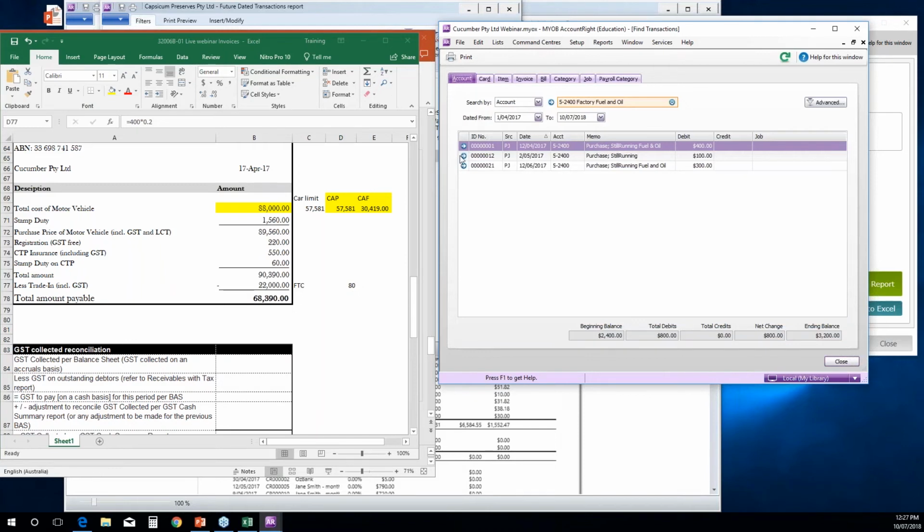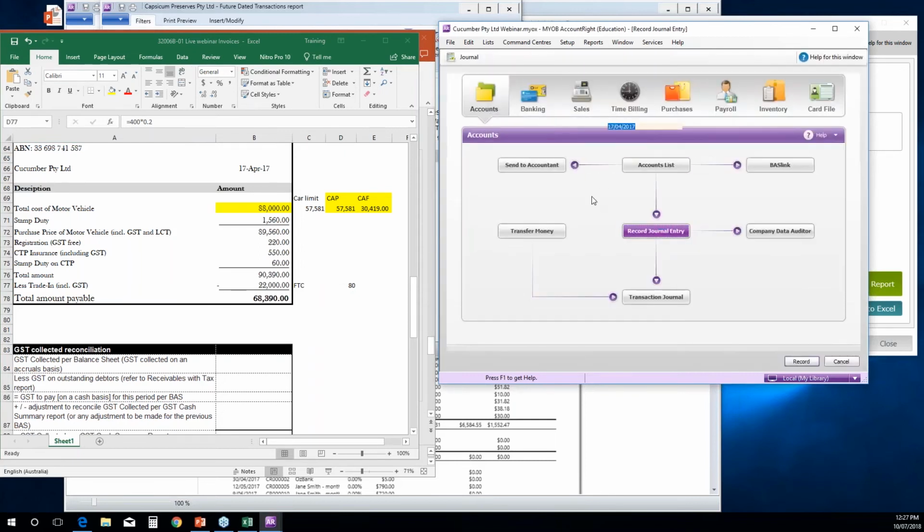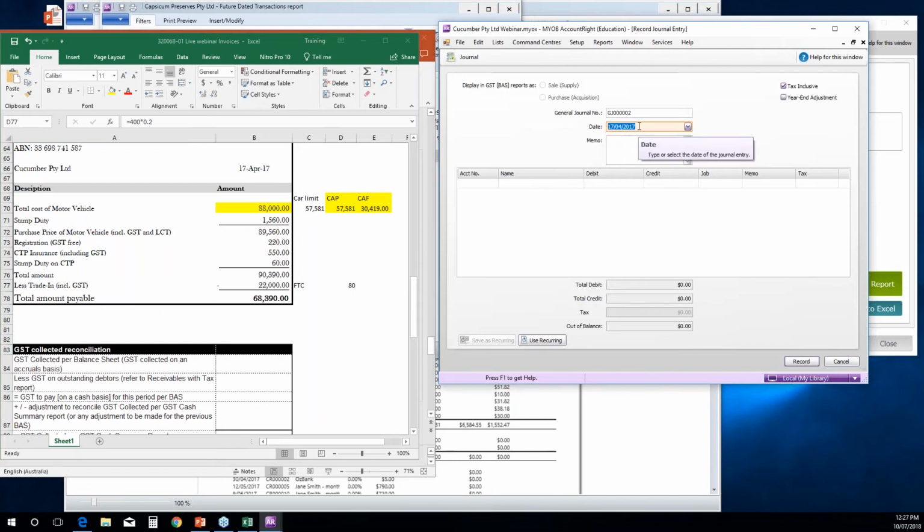But please check all of them and calculate total liters of the fuel and apply the right rate. So I'm going to use only 400 liters at 20 cents made up. So I'm going to go to the account, enter the journal entry, and it will be the quarter end, 30th of June 2017, fuel tax credit.